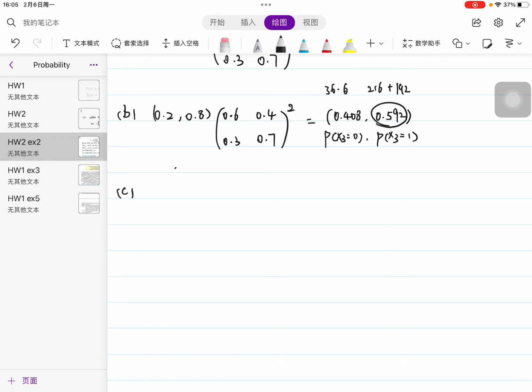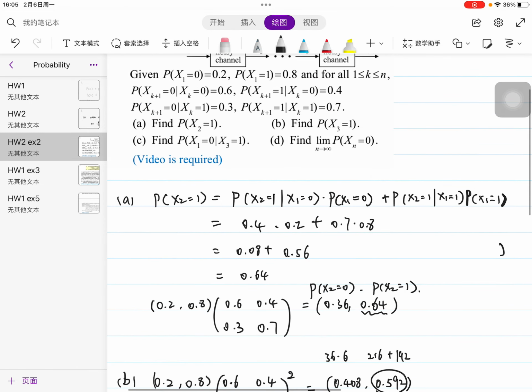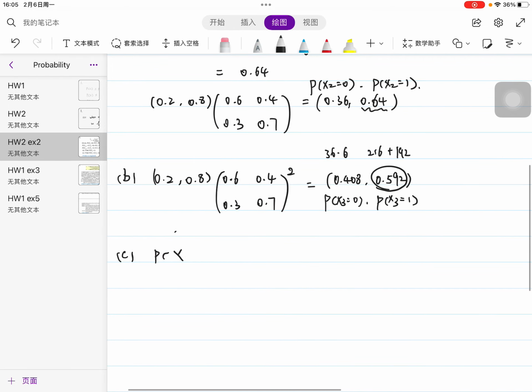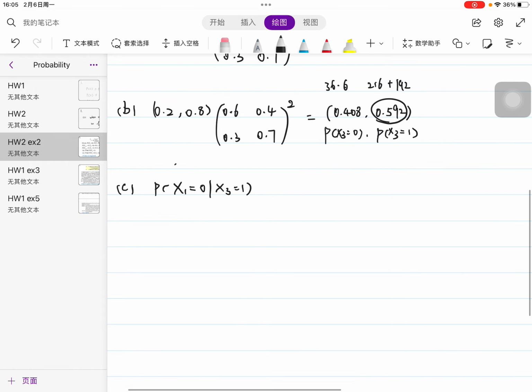For the third question, we need to find x1 equals 0 under the condition of x3 equals 1. So it is a conditional probability.